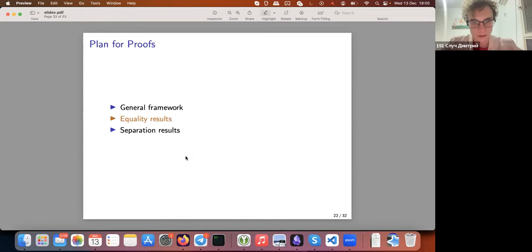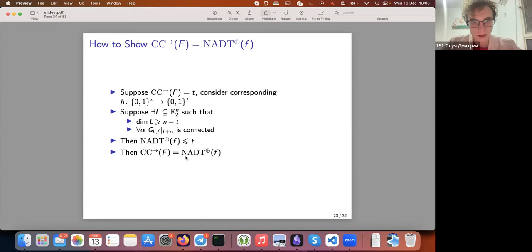Now I'm going to give some ideas of the proof for the equality results. The plan is the following. We suppose that the value of communication complexity is t. We consider the corresponding function h. And the next steps follow from the framework.